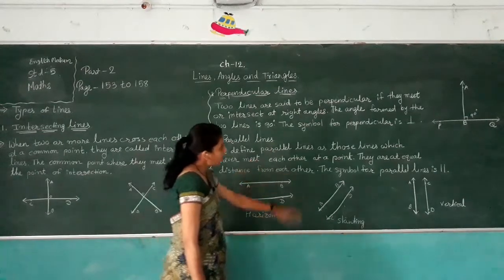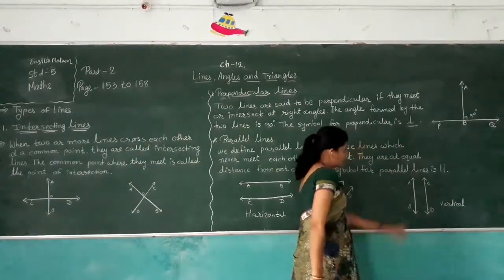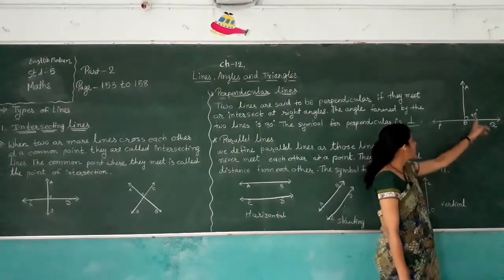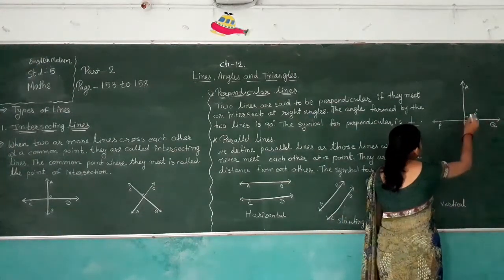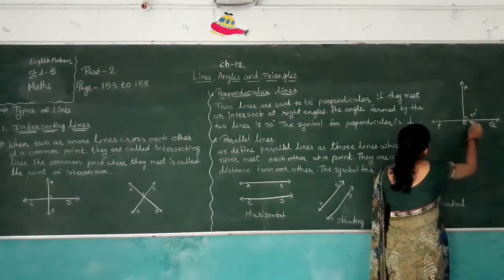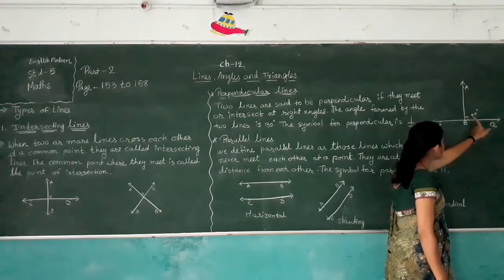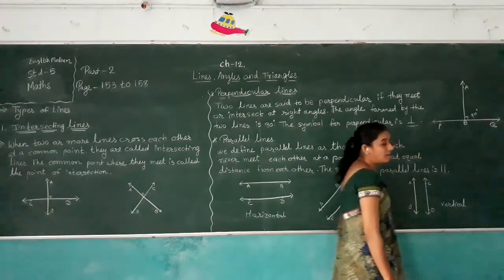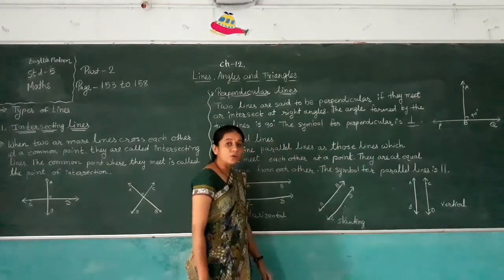The symbol of perpendicular is this. Look here, the line PQ and the line AB meet at the endpoint. These both lines meet each other, making a 90 degree right angle. So this type of line is called a perpendicular line.